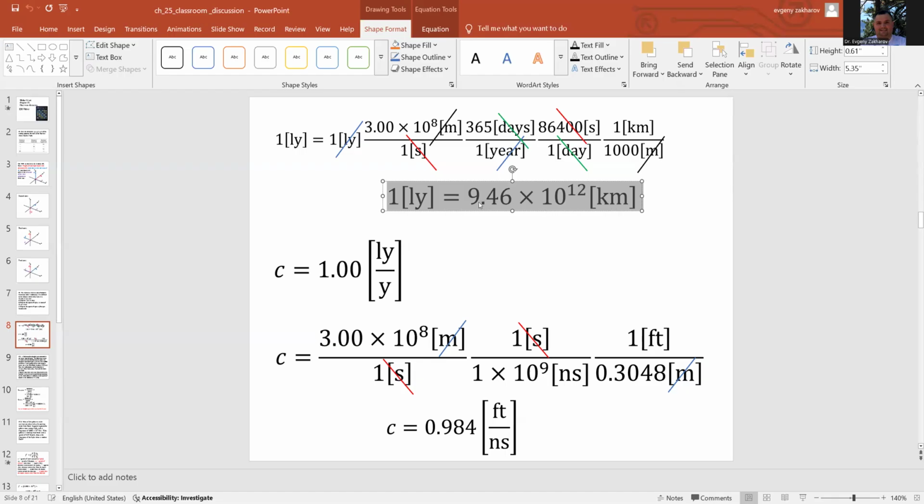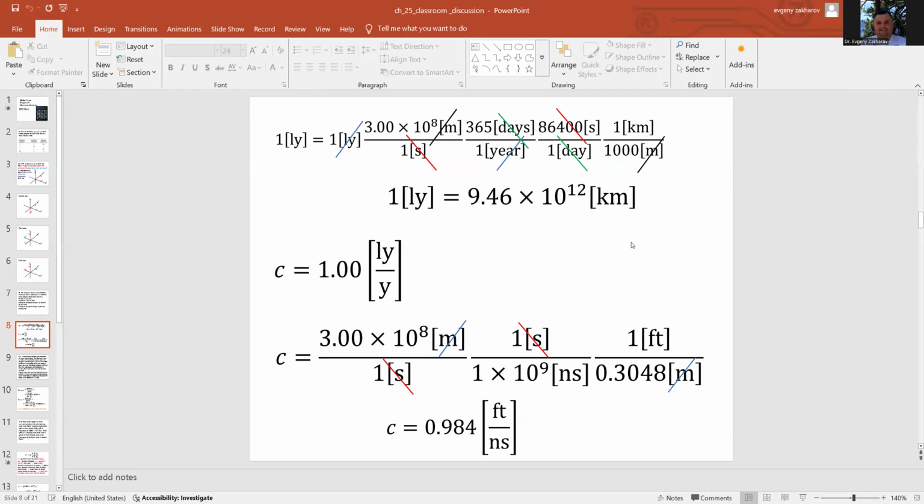We have roughly 10 trillion kilometers. Okay, 10 trillion kilometers, just 1 light year. That's why you don't want kilometers to describe those distances in the first place. Light years are much more convenient units.